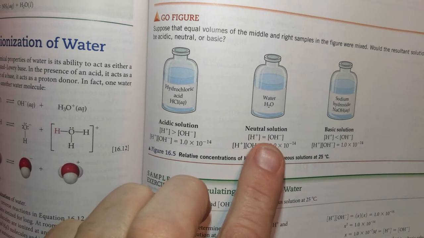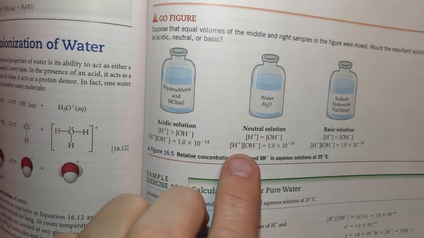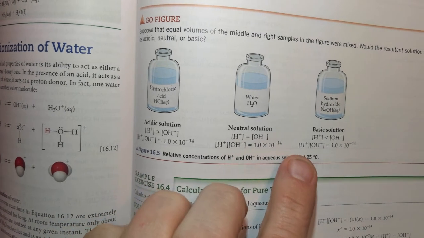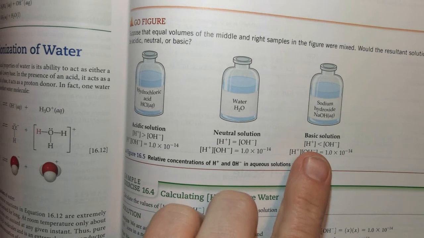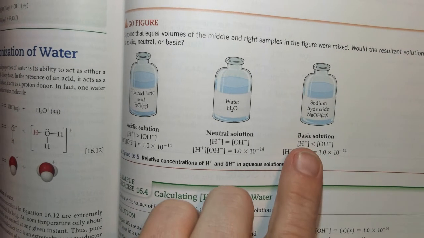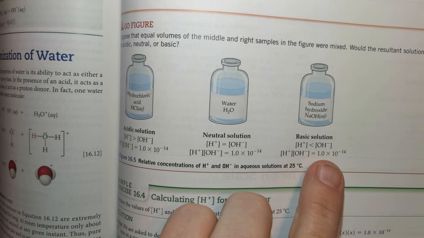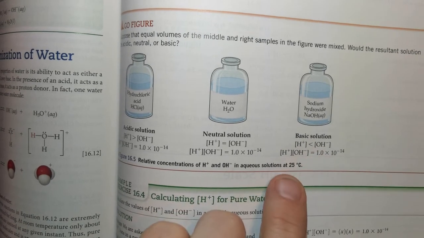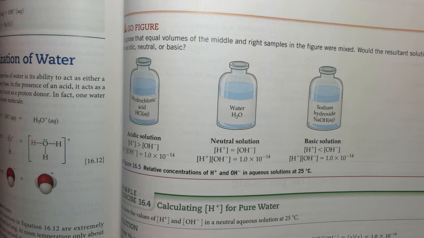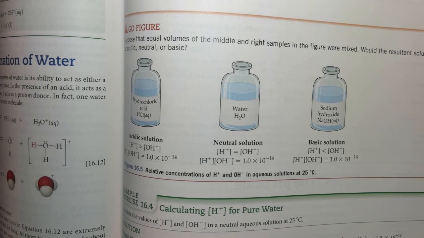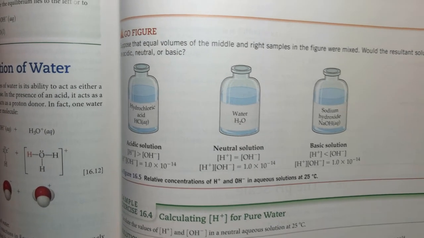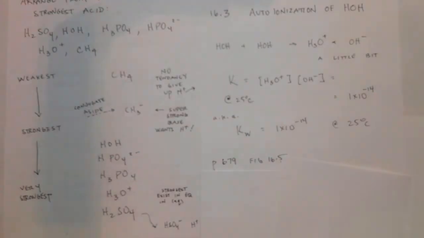In a neutral solution, those two are equal to each other, but H+ times OH- is 10 to the negative 14th. And in a basic solution, you can see that OH- is much greater than H+, but our H+ times our OH- is always equal to 10 to the negative 14th. And so this equation is always super helpful to us, because if we know one, we can find the other.